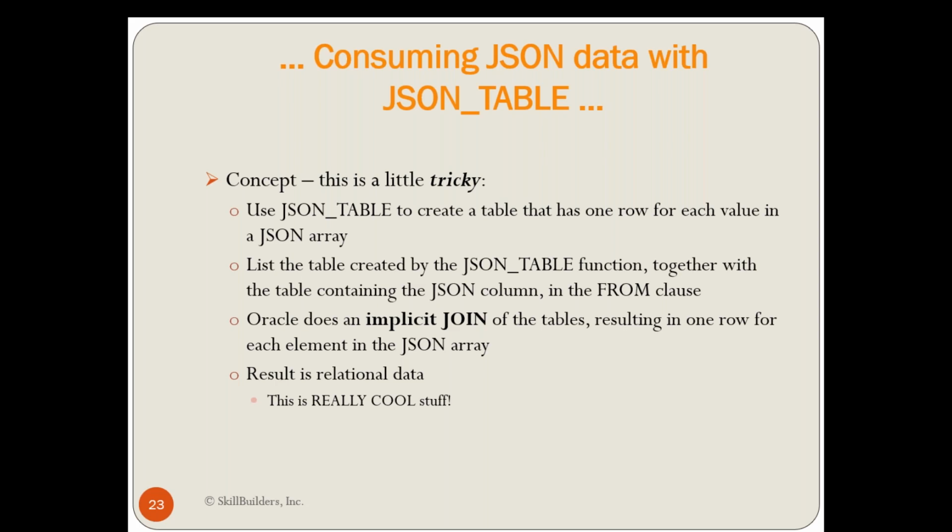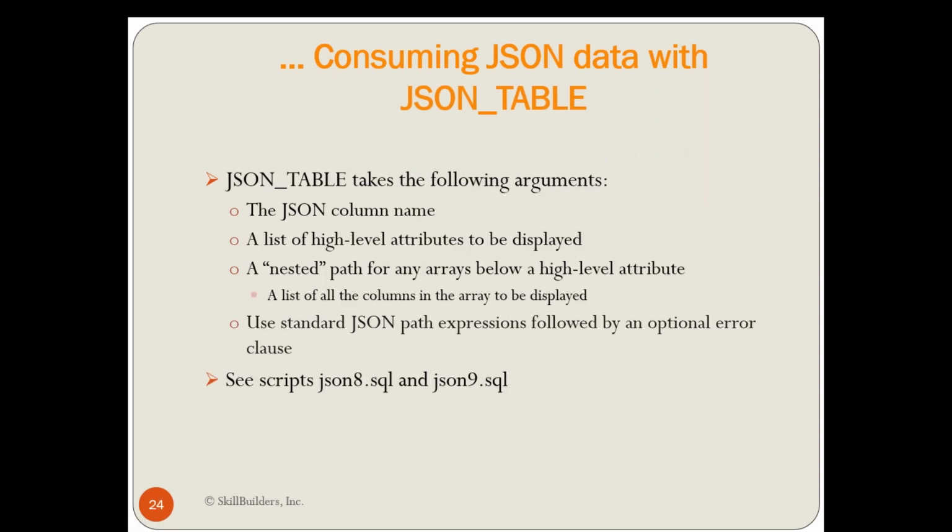So it'll take the columns that are in the first row of the main table and join it with every row from the array. And then the columns values that are in the second row of the main table and join it with every row in the array for that second row, and so on, and create relational data out of it. Really cool stuff. Let's take a look at how that's done.